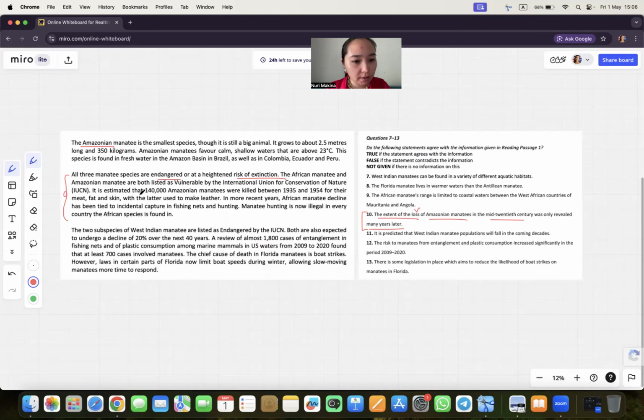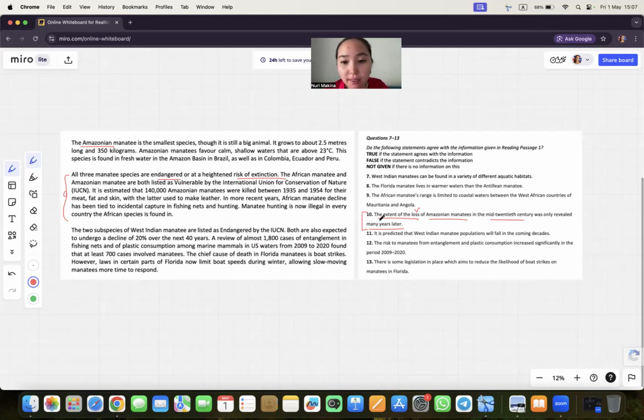It is estimated that 140,000 Amazonian manatees were killed between 1935 and 1954 for their meat, fat, and skin, with the latter used to make leather. Oh, I'm so sorry for that. In more recent years, African manatee decline has been tied to incidental capture in fishing nets and hunting. Manatee hunting is now illegal in every country the African species is found in. So let's keep reading.